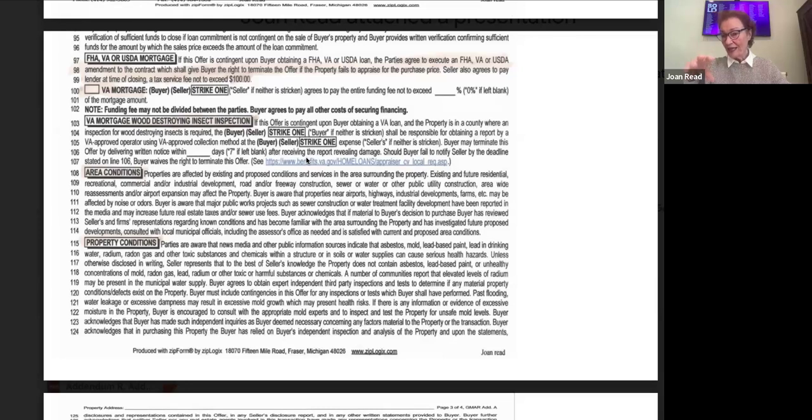So they have to show the extra money they have beyond the proceeds of the sale of the house. It just means if the seller is going to accept a cash offer, they have to know that the buyer's got the cash.